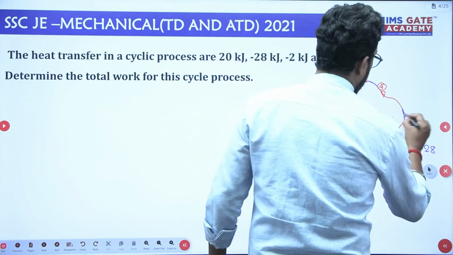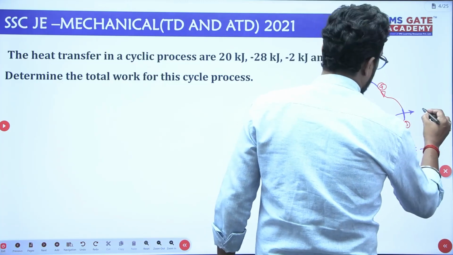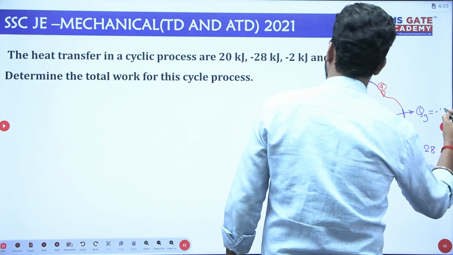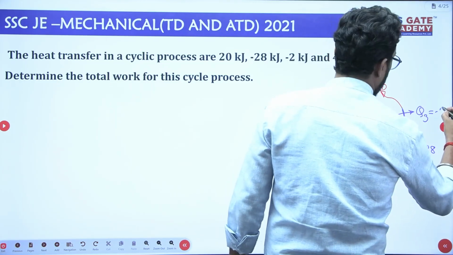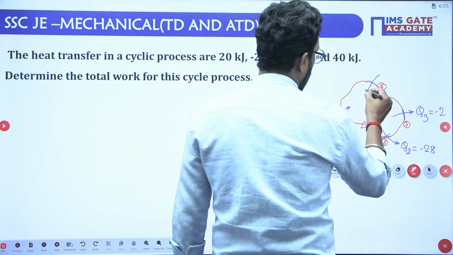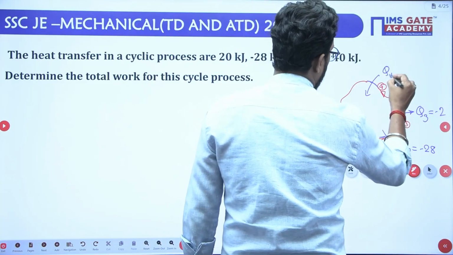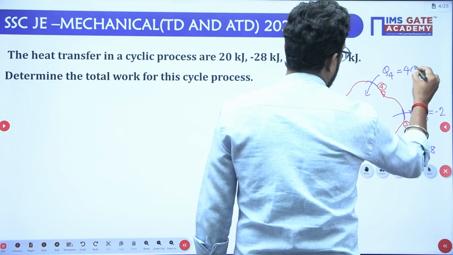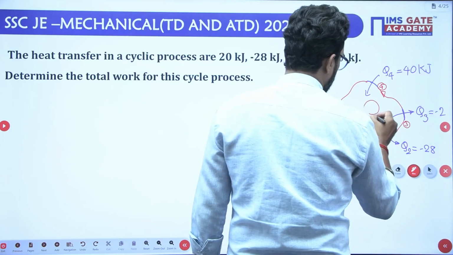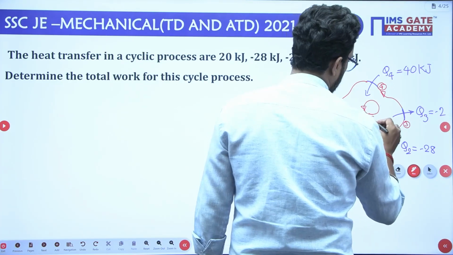Q3, heat is also rejected because it is negative, minus 2. And in the fourth, heat is added, positive, so Q4 is equal to 40 kilojoule. And this is for the cycle.